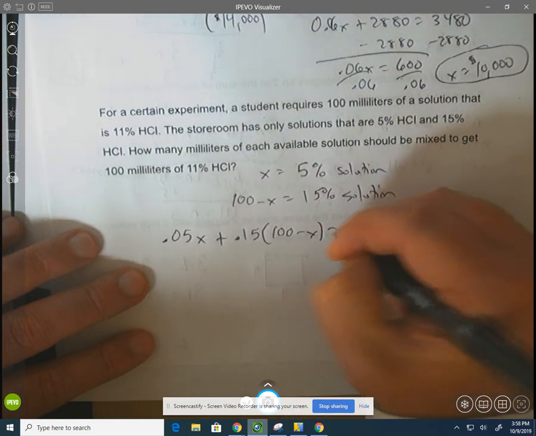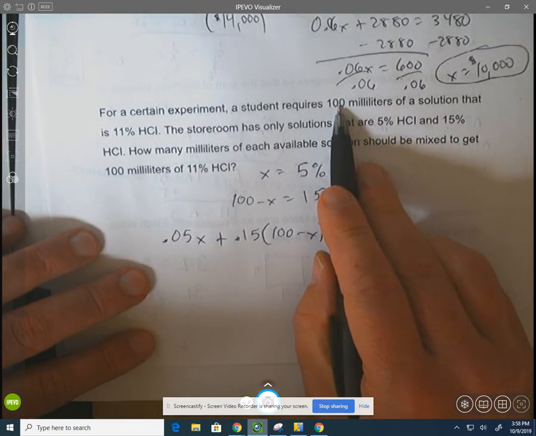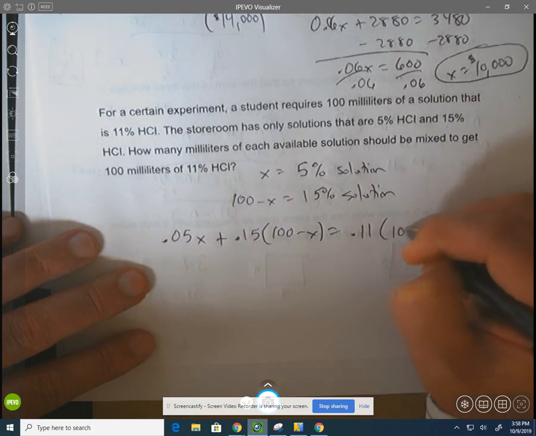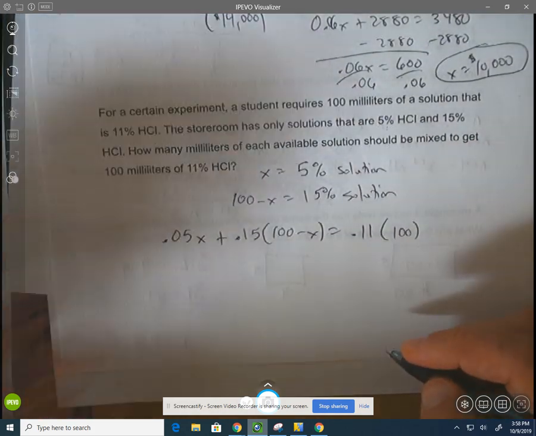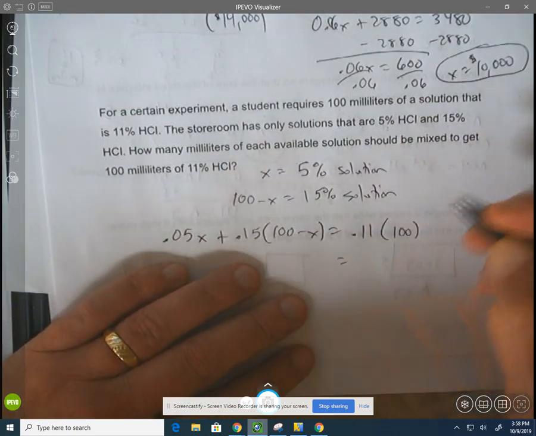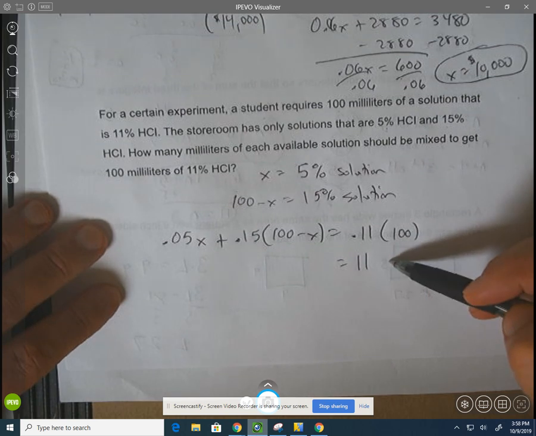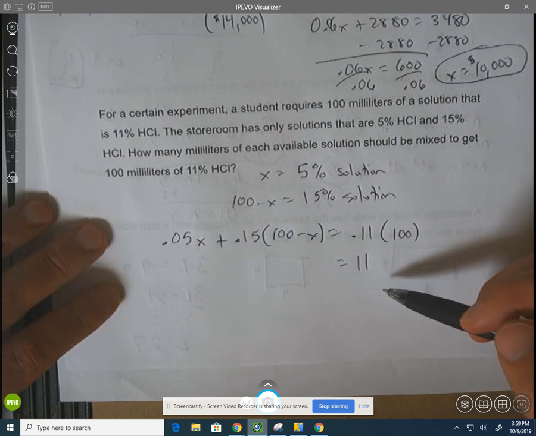And those two added together have to equal the other one, 100 milliliters of 11% hydrochloric acid, so 11% of 100. Or let me just do that real quickly to put a little context here. That means of this 100 milliliters, 11 milliliters of it is pure acid.